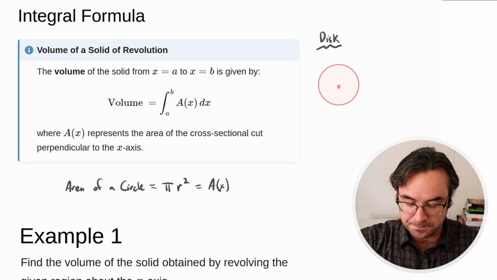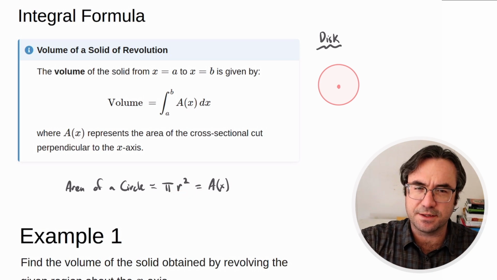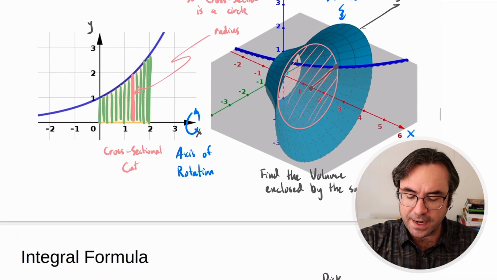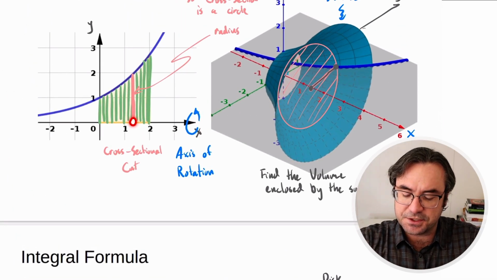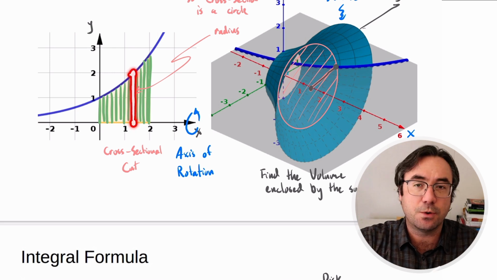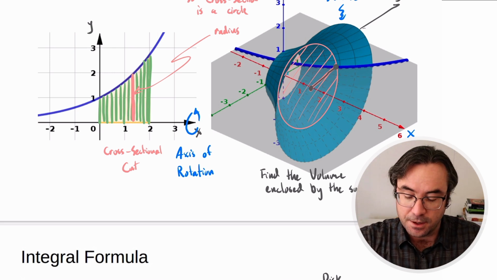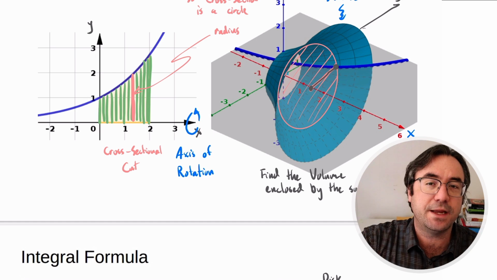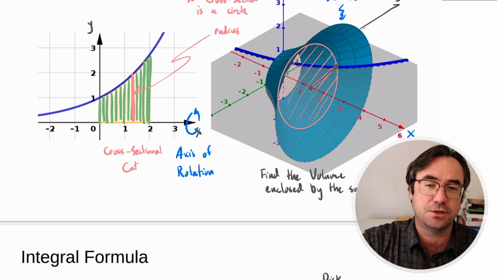And if we remember, what was that radius? Well, if we go back, the radius was the length of this segment here, where we go from our axis of rotation up to our actual curve. So the height of our curve is actually going to tell us what the radius is for each of our cross-sectional cuts.